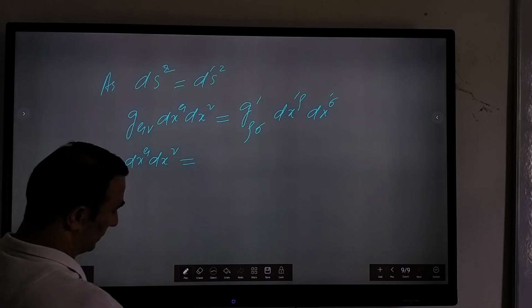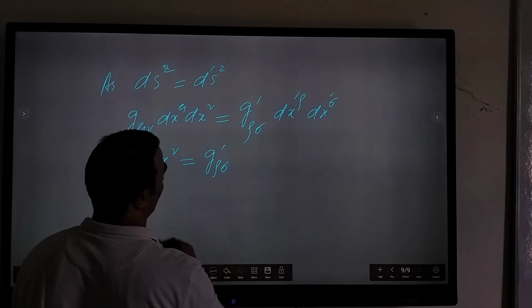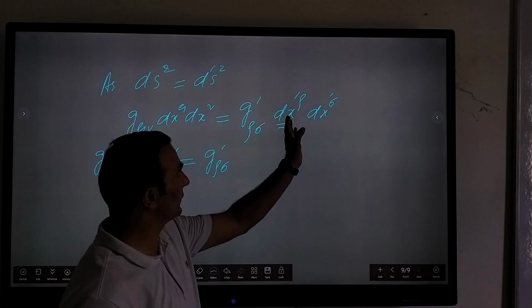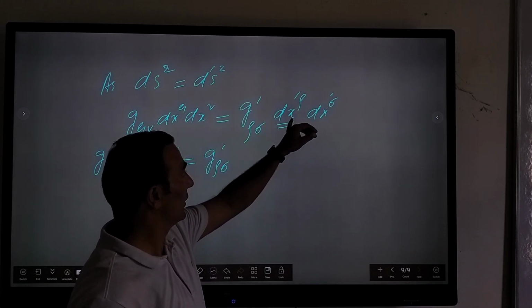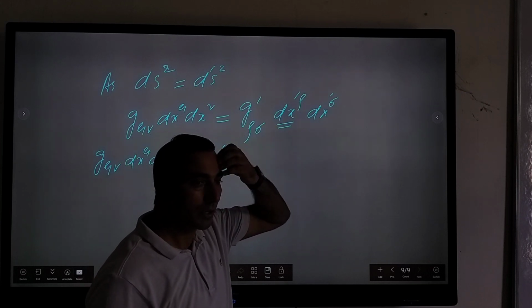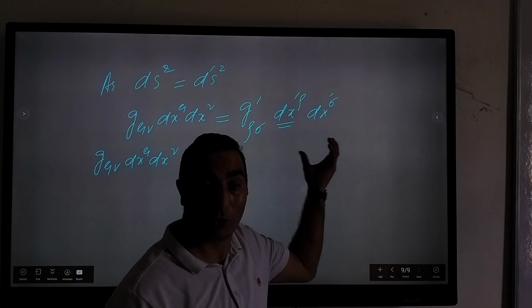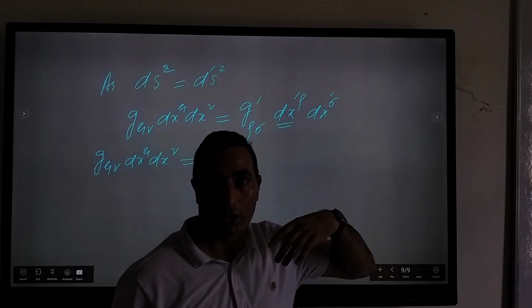Now you can rewrite this term as, let us write this. So I can write this because this is in some primed system. I can convert it, because this is our regular vector, right? So you need to convert it into this dual vector.